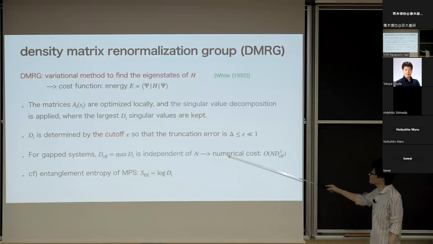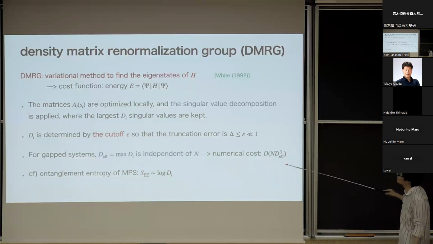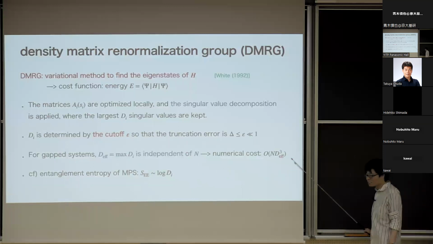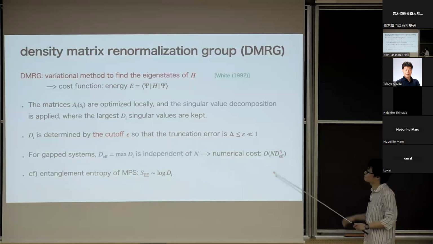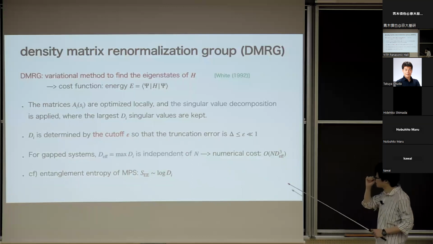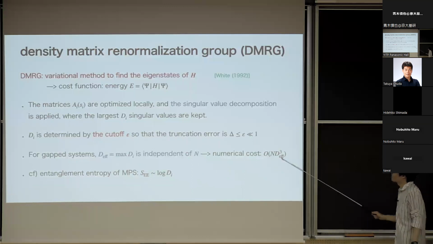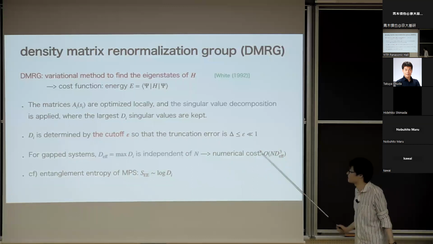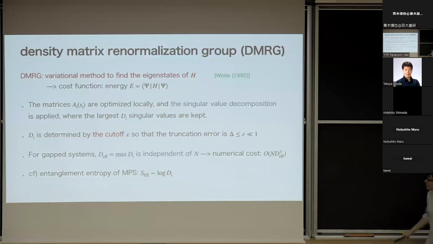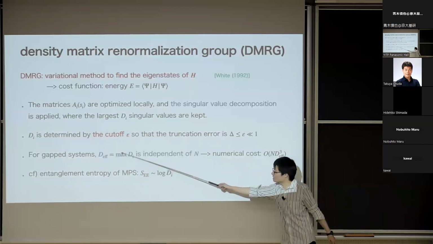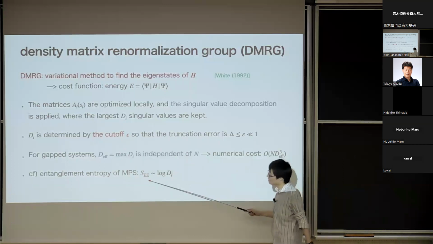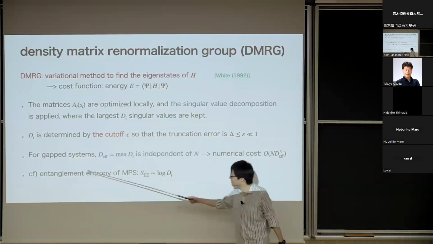And thanks to this, for a gapped system, the numerical cost is just linear in n. Originally, the state in Hilbert space has an exponentially large degree of freedom, but now it's reduced to linear. And this independence of n comes from the property of the entanglement entropy.